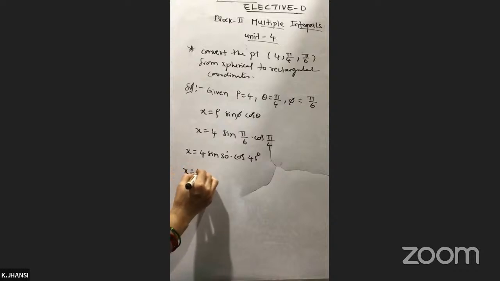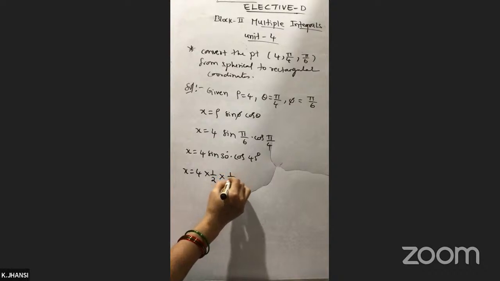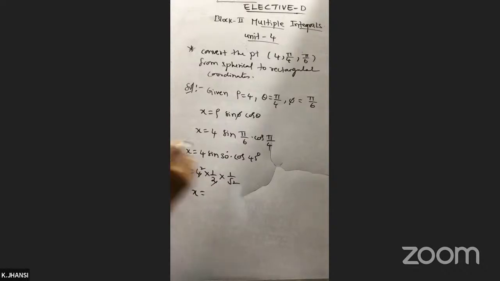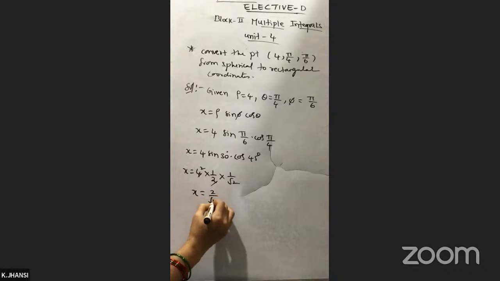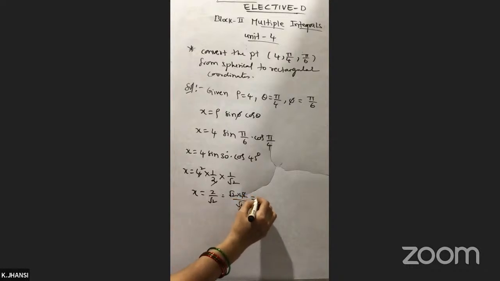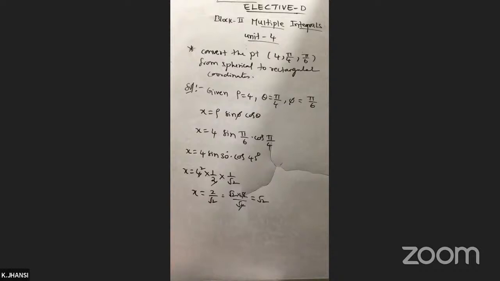Sin 30 is 1 by 2, and cos 45 is 1 by root 2. So x equals 2 by root 2. We can write 2 as root 2 into root 2, so root 2 gets cancelled. So the x value is root 2 here. We need to find the y value and also the z value.